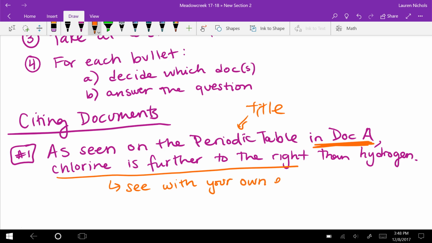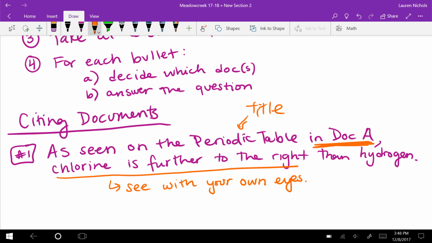Okay, if you cannot see something, a symbol or a picture or a word on the document, then you should not be citing your document at that time. So for example, even because chlorine is further to the right, that means it is more electronegative than hydrogen.